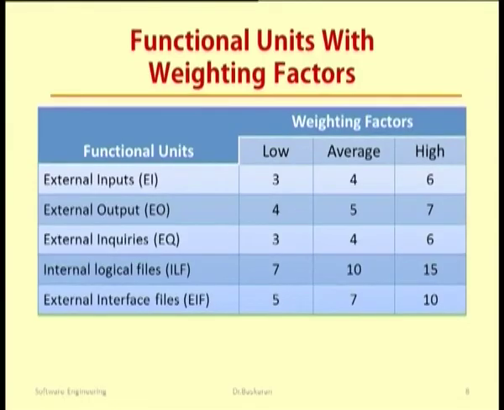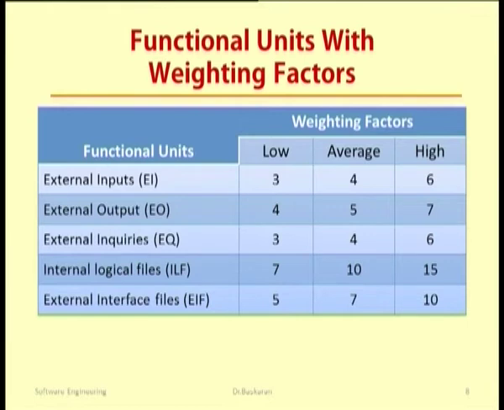We would do a lot of iterations, and we have given here 3 different weighting factor values: low, average and high, for the different parameters, which are the data processing functions and the transaction processing functions.